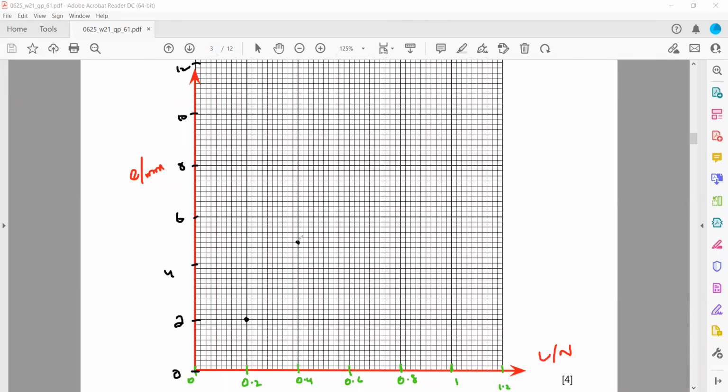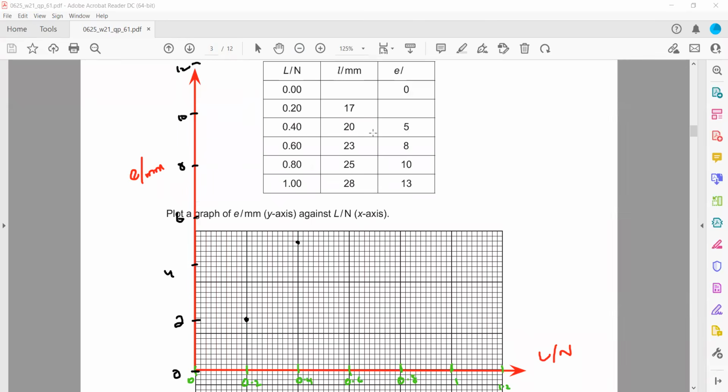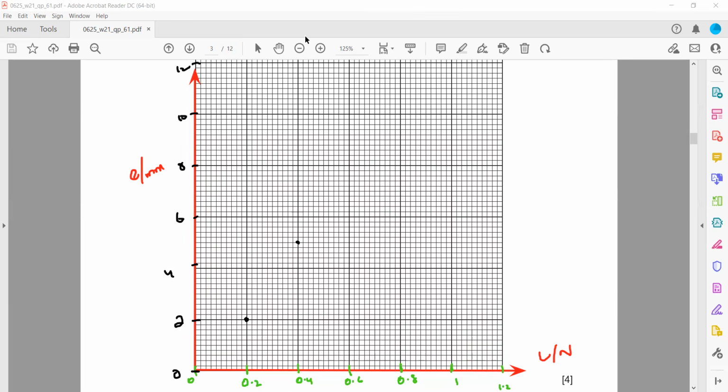The third point, when load is 0.6, basically it's the fourth point, but the first point is 0 and 0. So 0.6 and 8.